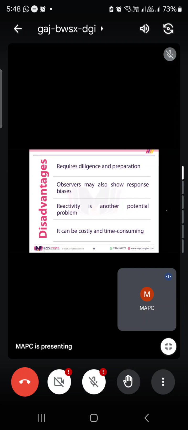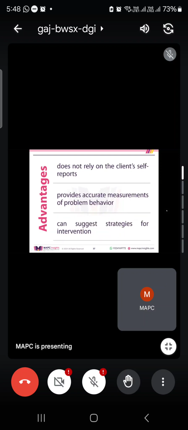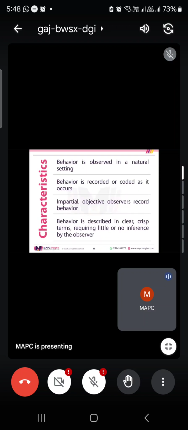Behavior is recorded or coded as it occurs, a systematic recording of the behavior.